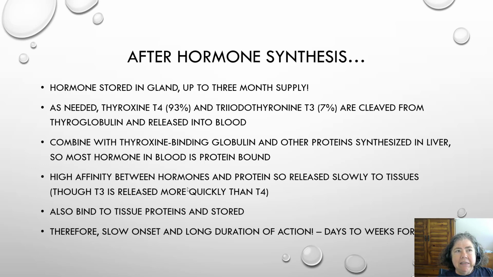So, because of the large supply of thyroid hormone in the gland and the protein binding in the blood and the local storage in the tissues, these hormones have a very slow onset and a very long duration of action, so days to weeks for T4.